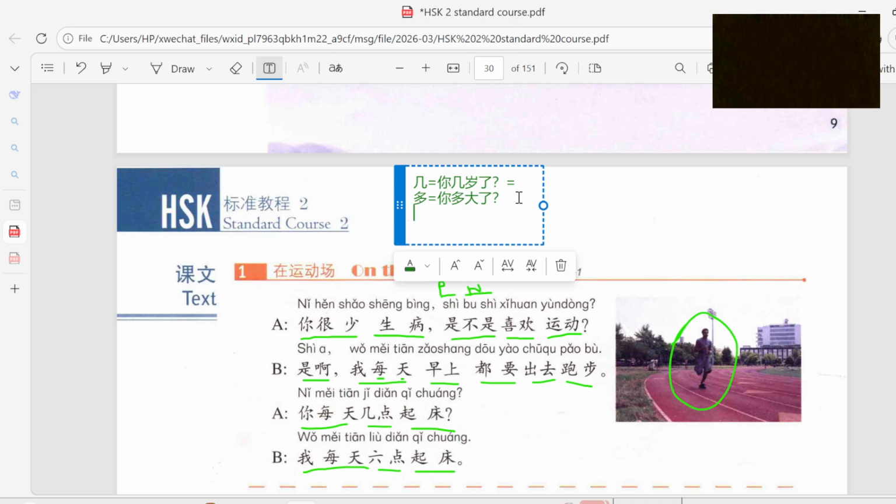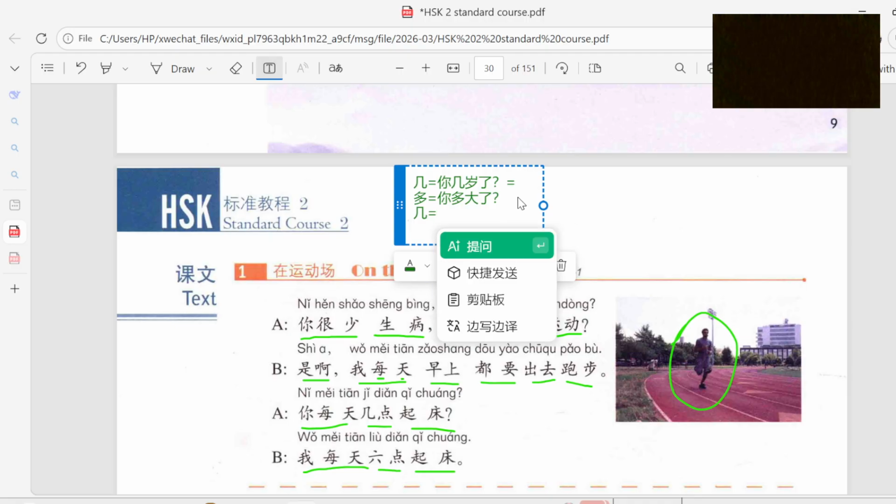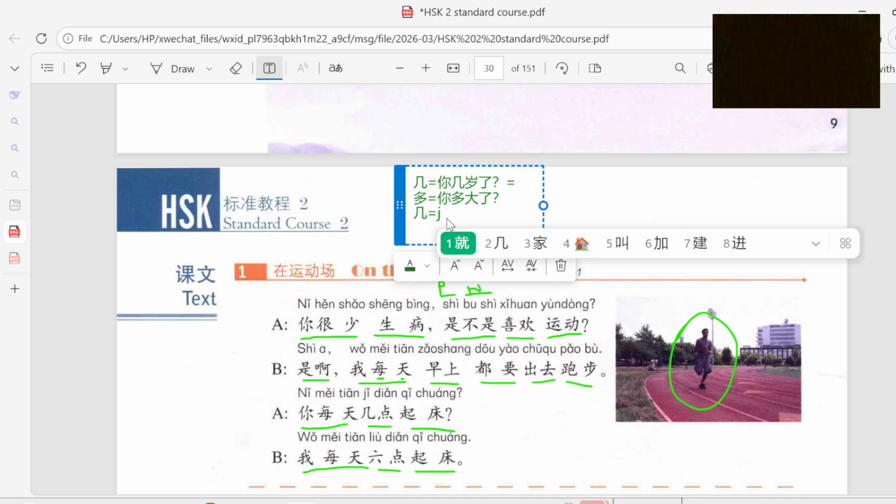So another instance, he just asked about ji and measure word. So this ji we are learning about is used with a measure word. For example, 几个. You see, after ji is a measure word.